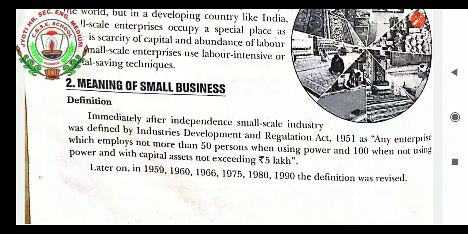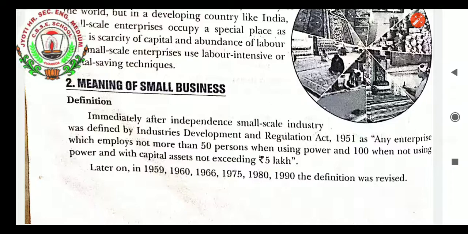So the Industrial Development and Regulation Act 1951 explained small business as that company which employs not more than 50 persons when using power, meaning the capital intensive technique. And with the labor intensive technique, when they use less power, they employ not more than 100 persons.